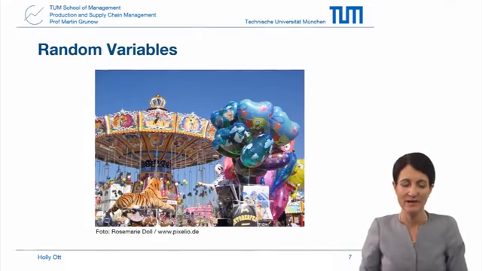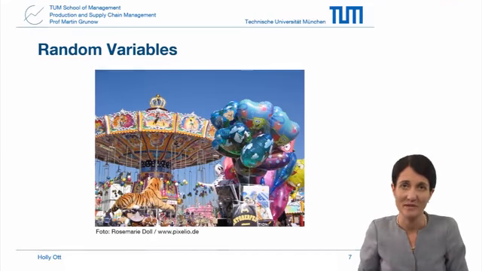Now let's go back to Munich, where we celebrate the Oktoberfest in the last week or so of September. Random variables are, as we said, used to represent populations with variability. And so let's pretend that we are managing one of the big tents at the Oktoberfest.